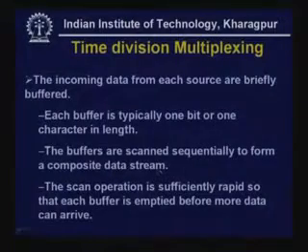Then the buffers are scanned sequentially to form a composite data stream. So, the scanning is done one after the other from the different buffers to form a composite signal. The scan operation is sufficiently rapid so that each buffer is emptied before more data can arrive.